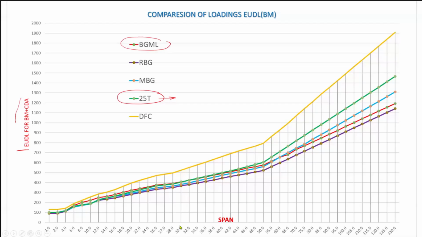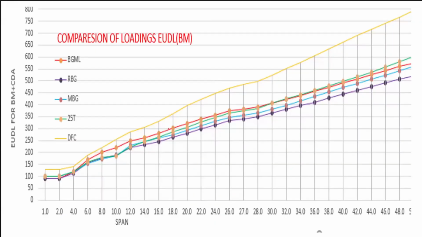I will show you in zoom condition. You can see I have shown it in zoom condition. Are you able to see that BGML is higher than 25 ton, which is lower? So everyone will be surprised how it is. BGML is 23 ton and this is the 25 ton, so how is it up to the 30 meter span?